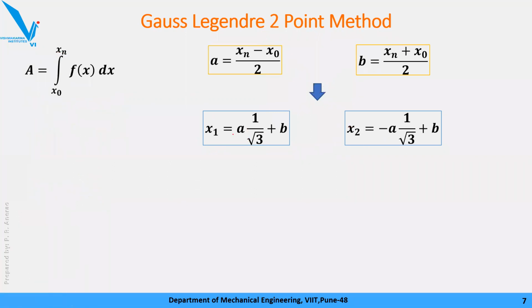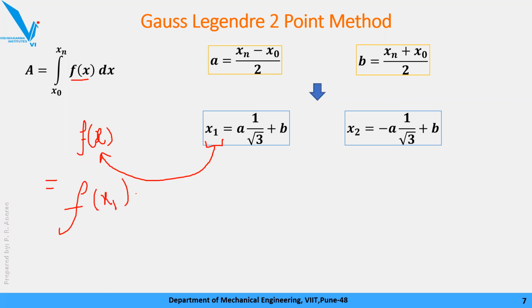In the next task we need to call the function f of x. f of x will be something like 1/(1 plus x square), sin x, cos x, it can be anything. Put the value of x1 in this function, and we get f of x1.